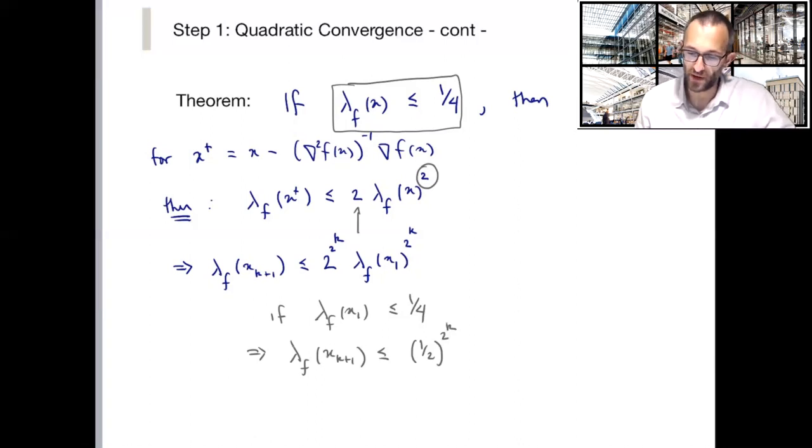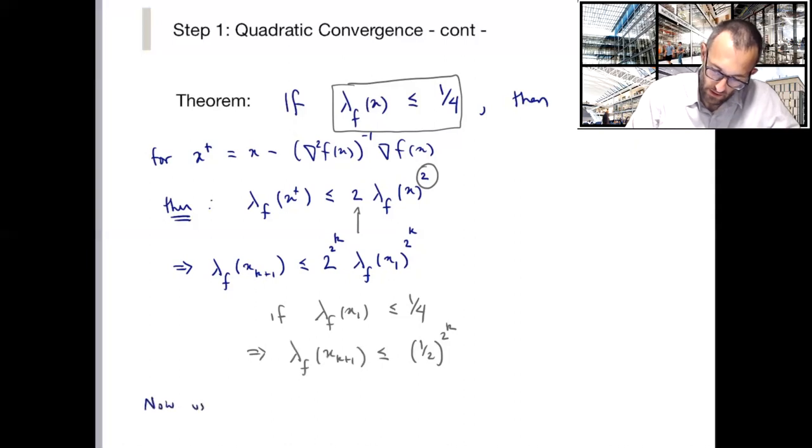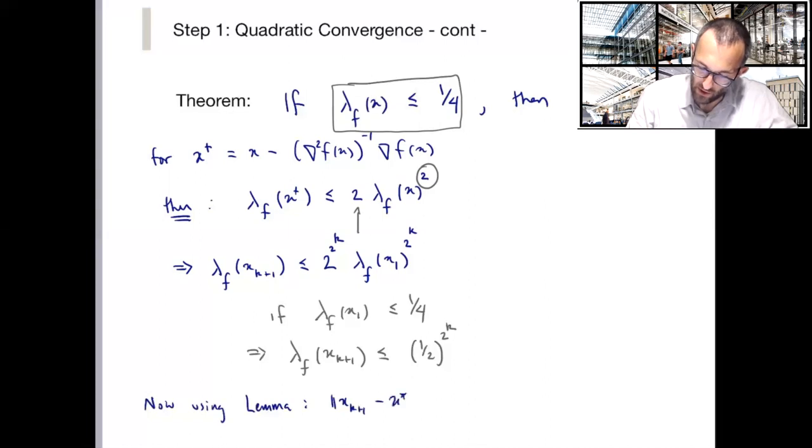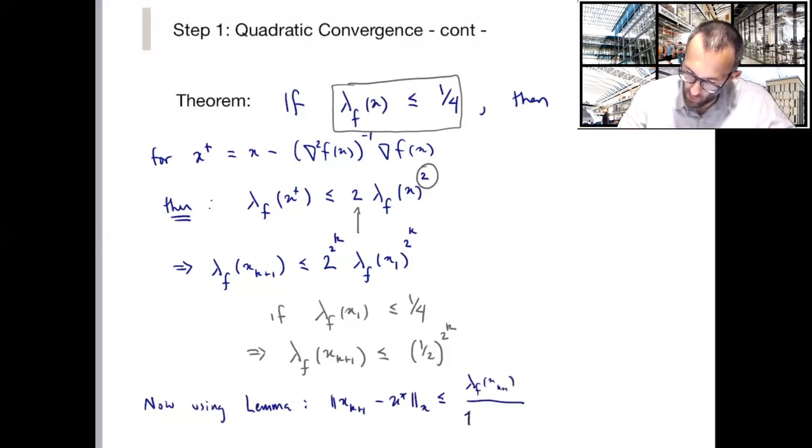How do we bring this home finally? We use the lemma from the previous page. So now, using the lemma, we have that x_{k+1} minus x star is bounded above by lambda f of x_{k+1} divided by 1 minus lambda f of x_{k+1}.